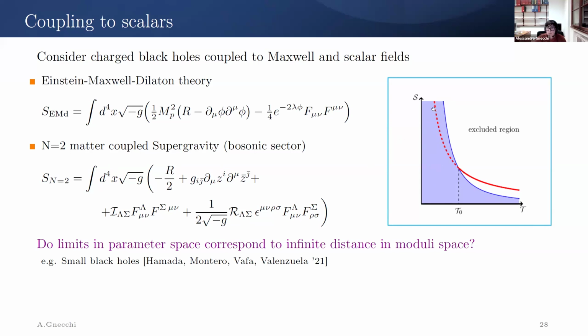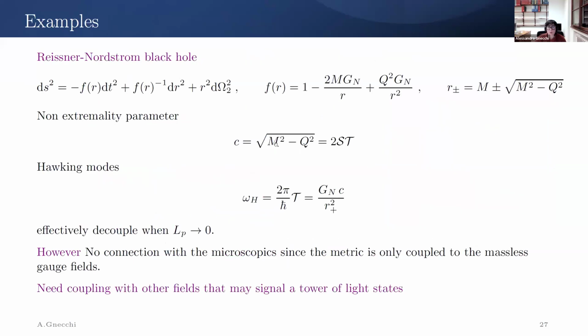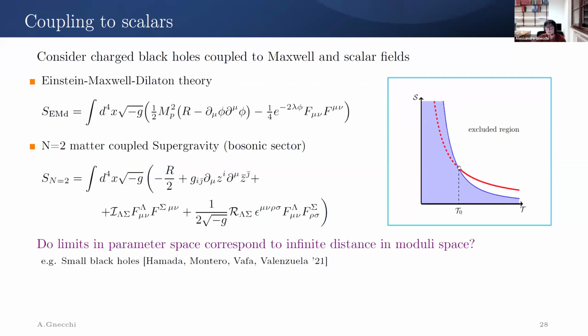The red line is the C equal constant line. So I could move in parameter space keeping C constant, but I will hit the Schwarzschild line at some point. And so this part here is outside of the phase space. So the question was, can we see some of these distances in the phase space S and T?